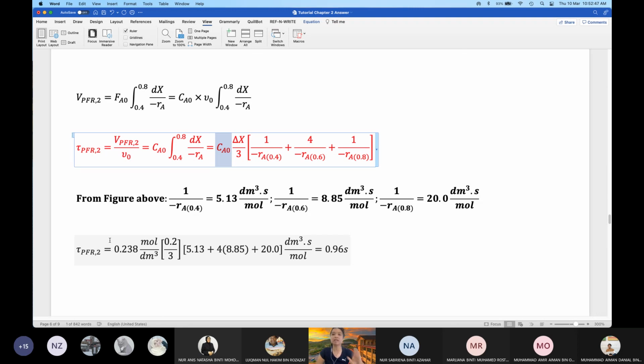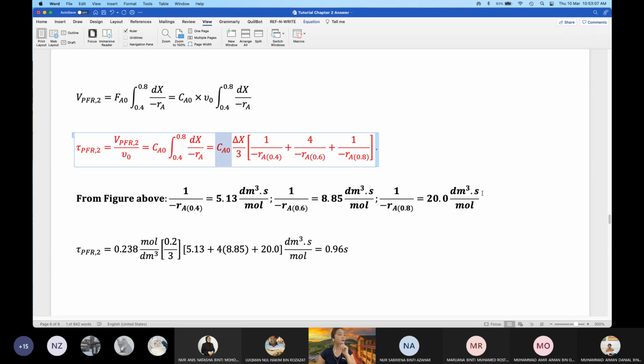CA0 is still the same, we did not change the pressure or temperature. So at the back, it becomes 3 points, right? 1 per minus RA when X is 0.4, plus 4 per minus RA when X is 0.6, plus 1 per minus RA when X is 0.8.